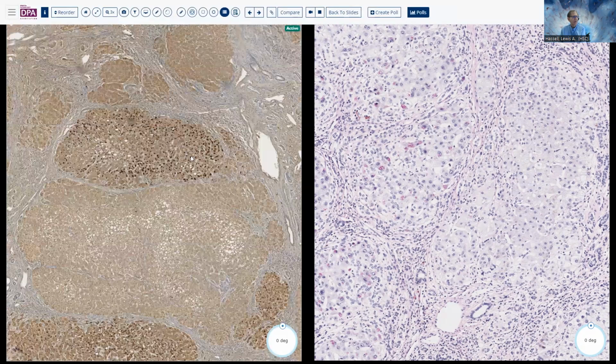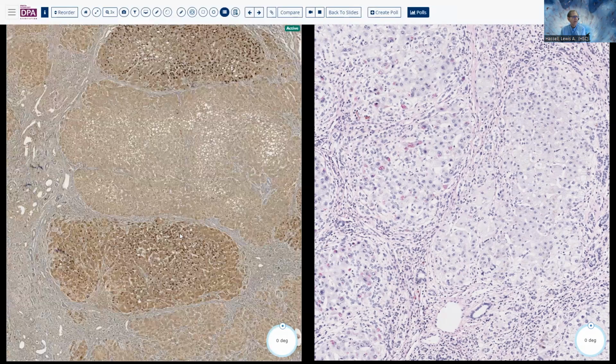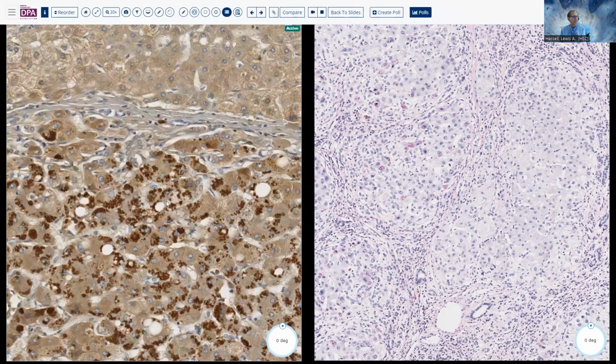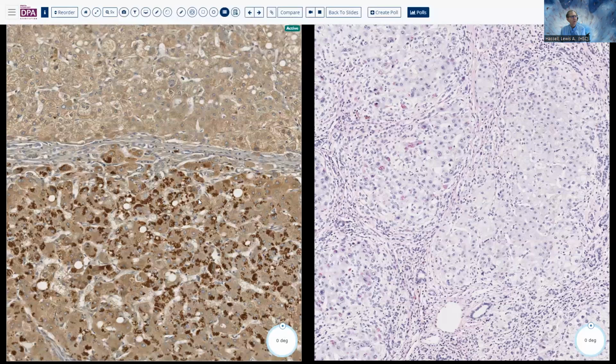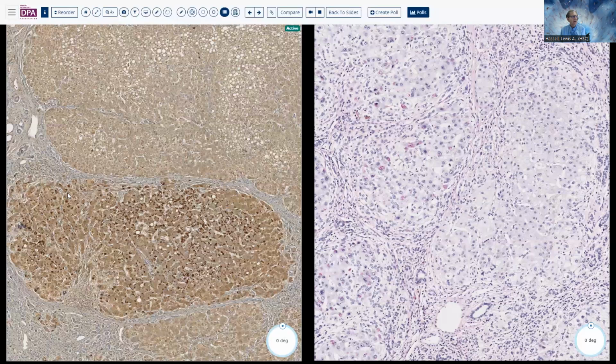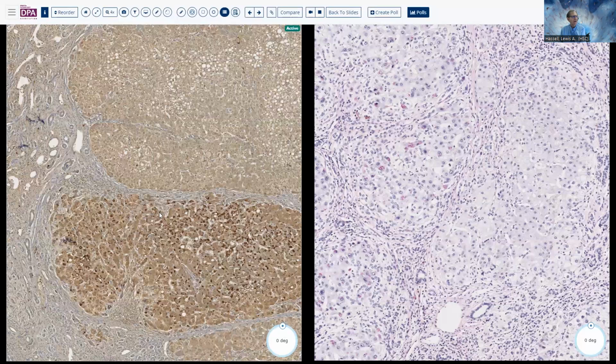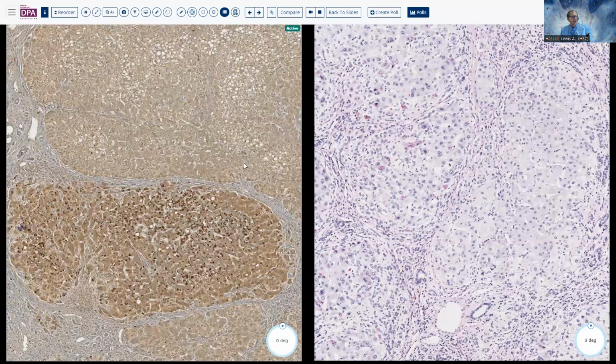So there may be some specialized areas of the liver that are more tuned to producing alpha-1 antitrypsin, whereas a regenerative nodule may not turn on the genes to produce this product. And the fact that the antitrypsin is retained within the cell should give you a clue that the defect is not in the manufacture of the product, but in the release of the product into the circulation.